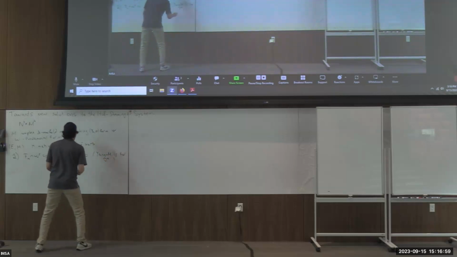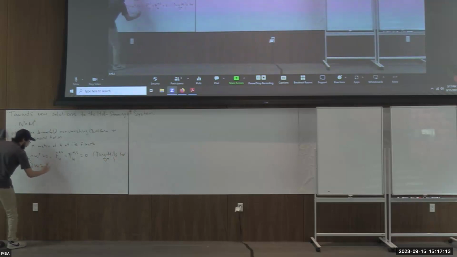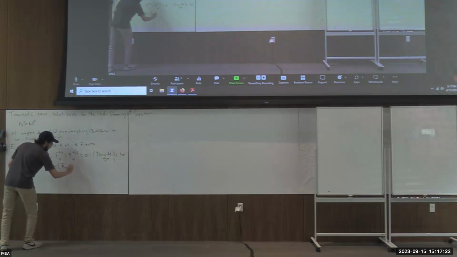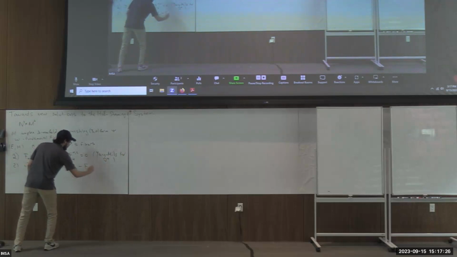The second one is that i partial partial-bar of omega is alpha over 4, where alpha is a real number, times the trace of R wedge R minus F_H wedge F_H.